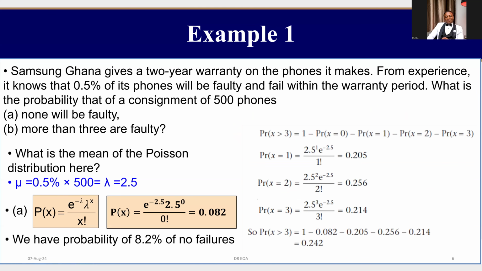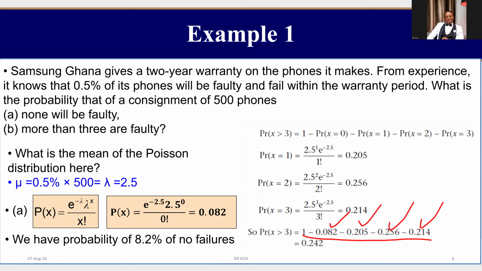Okay. So this is how you would have done it. Look at the last bit here. The last bit is just doing 1 minus the earlier ones. So 1 minus the probability that X is 0, that's this one here. X is 1, X is 2, X is 3. Then you subtract them from 1, and that will give you 24%.